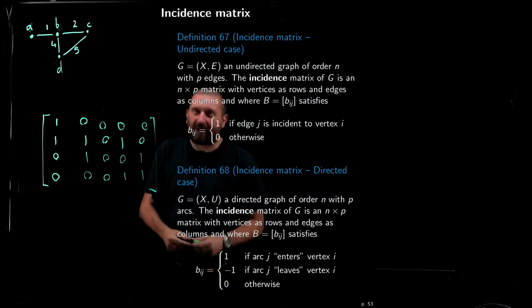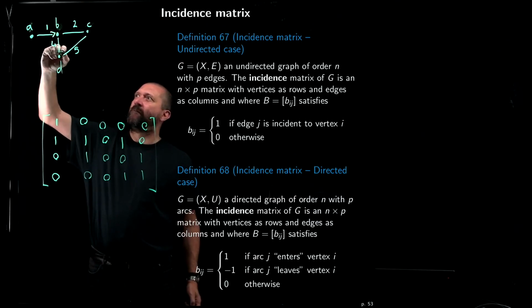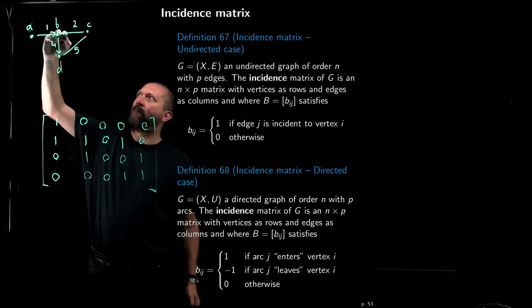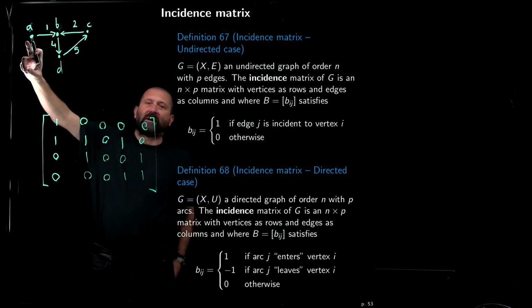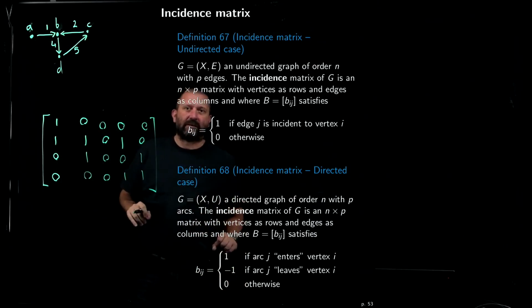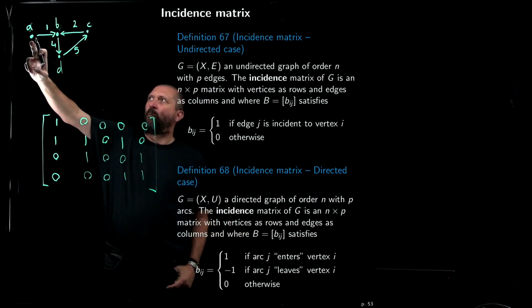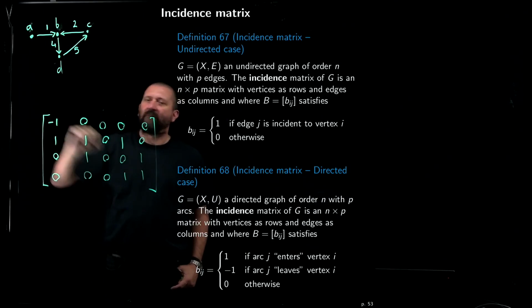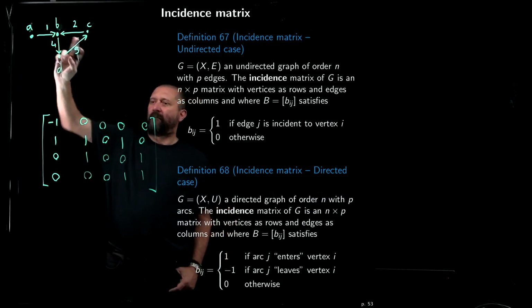So suppose I were to add a direction on these guys, like this, then that matrix in the directed case would be: from A, this arc is leaving A, and there's nothing else.